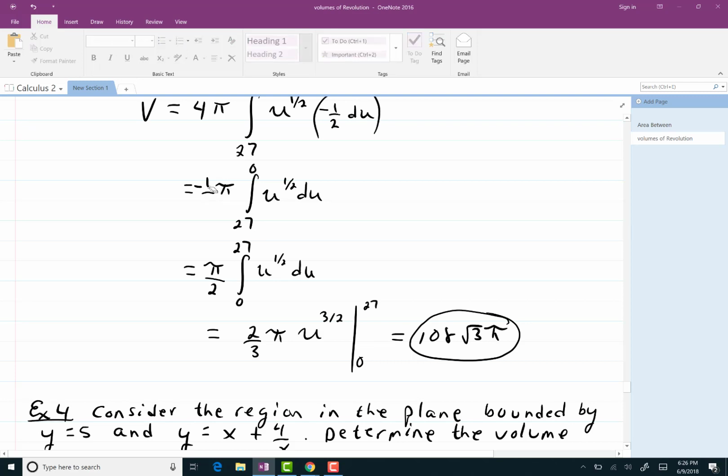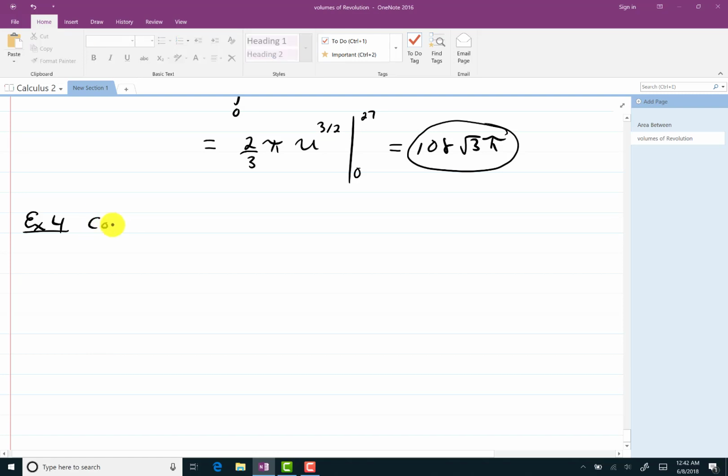Sorry. That becomes negative 2 pi. Pi. Four-thirds. And now everything will work out just like the answer says it will.